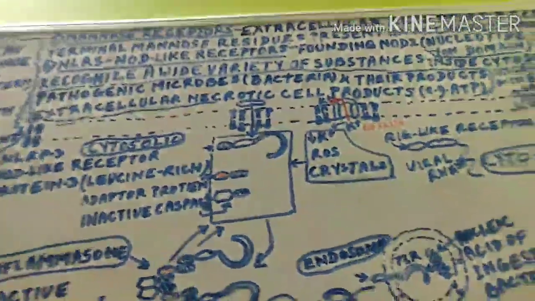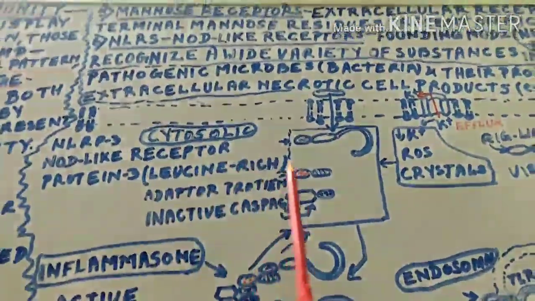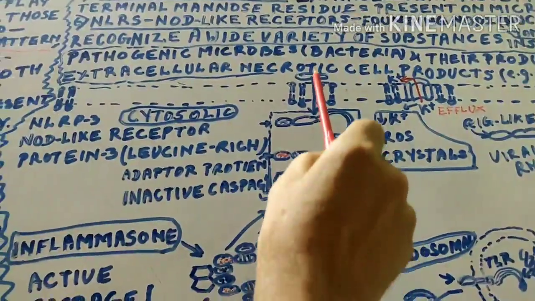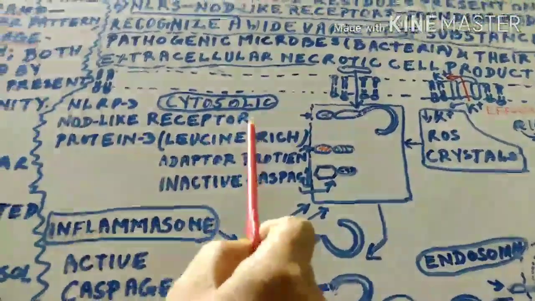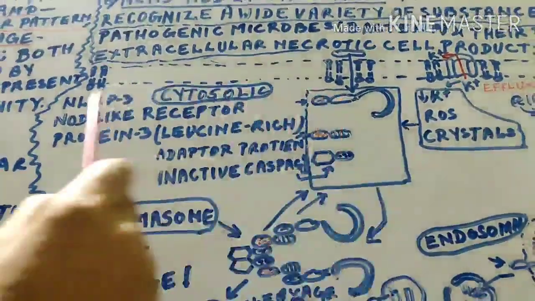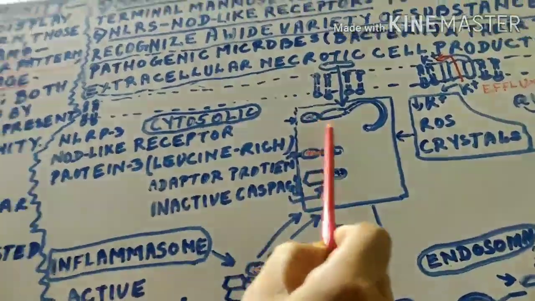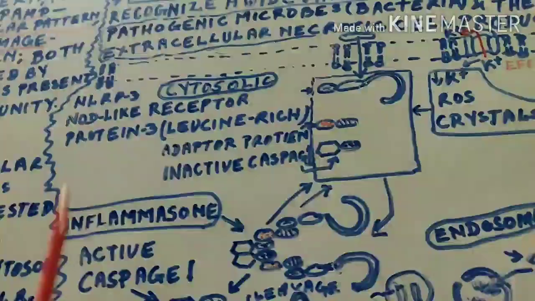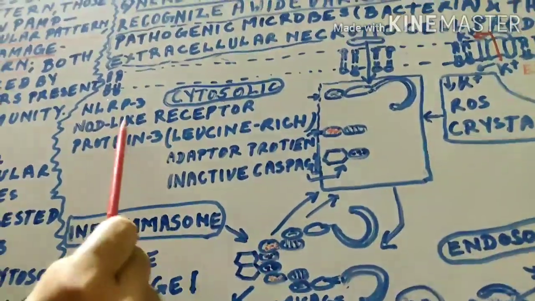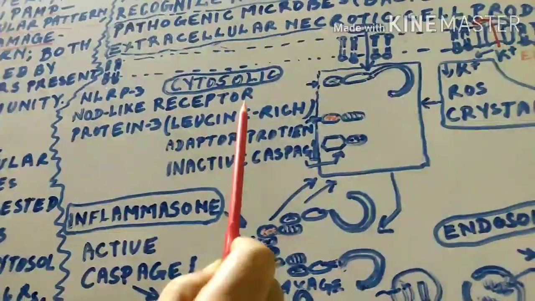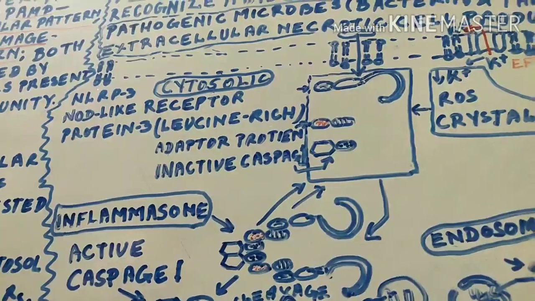These things stimulate this receptor, and you can see it has stimulated the node-like receptor protein. It is a cytosolic protein, and this node-like receptor protein 3 is rich in leucine.